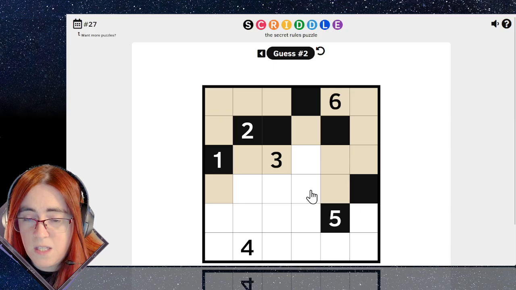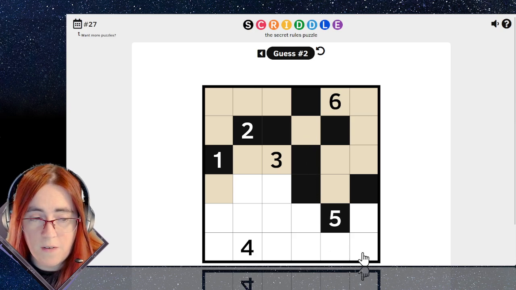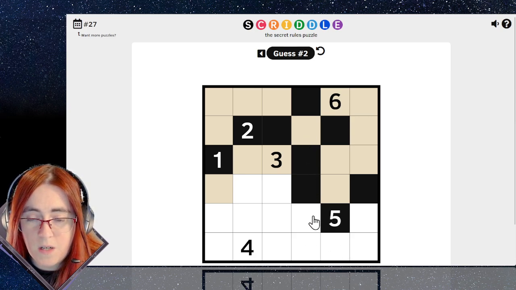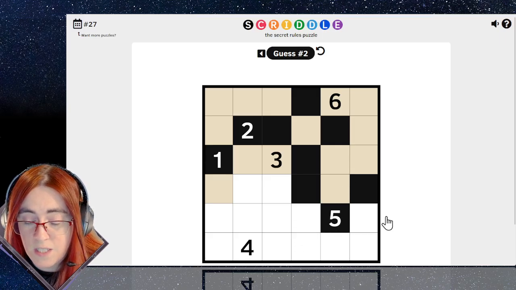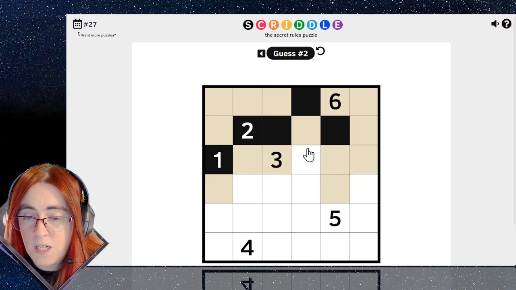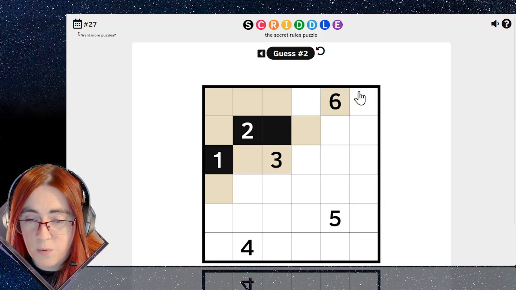It does mean that these are all shaded, and they all have to be part of rectangles. There's no way for this 5 to be part of a rectangle here, because we can't shade that. We can't make that because it's not big enough. We can't shade that because it makes a non-rectangle. We can't shade that because it makes a non-rectangle. So I think we can indeed rule out that the 6 is unshaded, which is what we wanted to do in the first place.